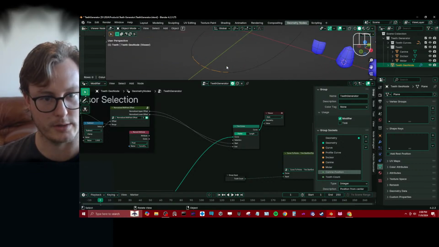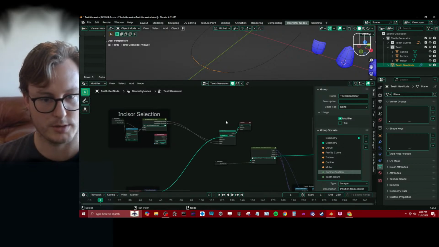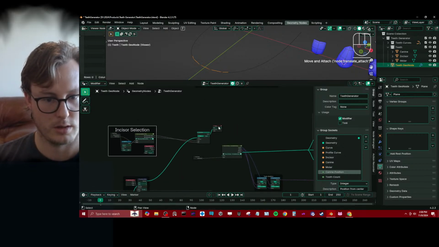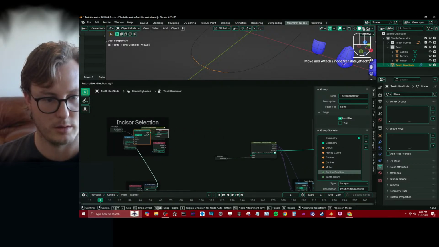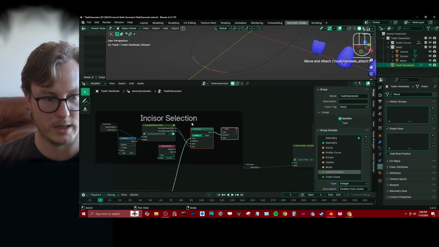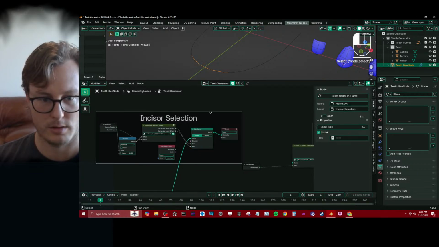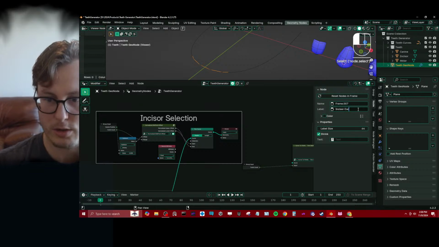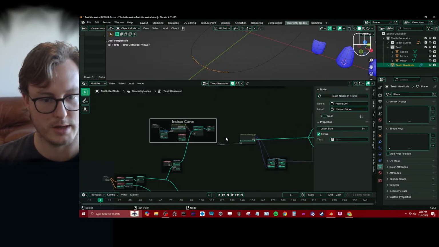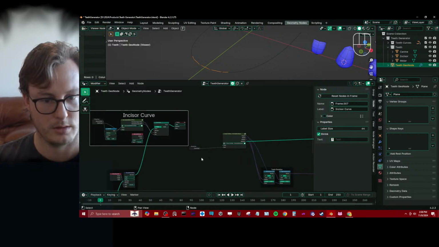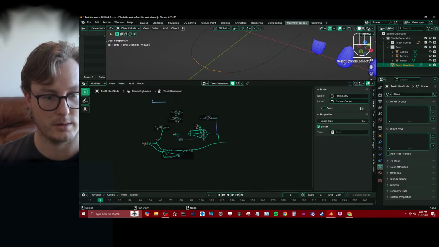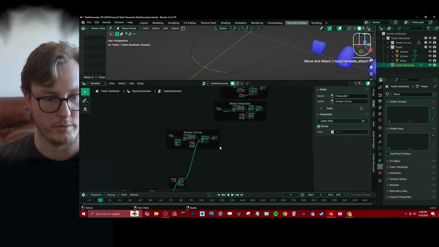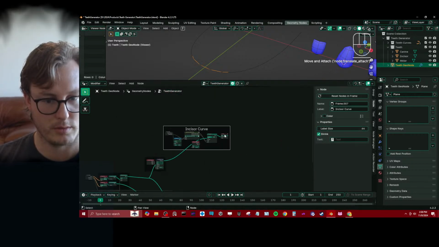Beautiful. Okay, so now we can slice those sections. So this will actually be incisor curve, not just selection. It's the incisor curve that we're creating. All right. So now we want to do that for each of these. Let's take all this. Move that over. So we've got our incisor curve.